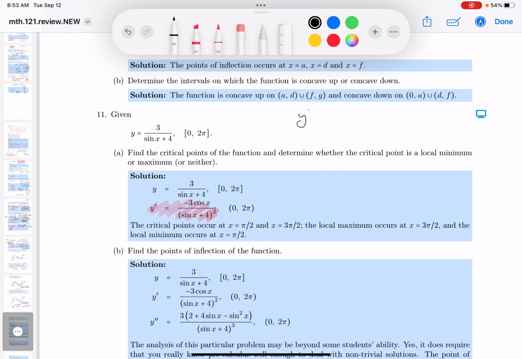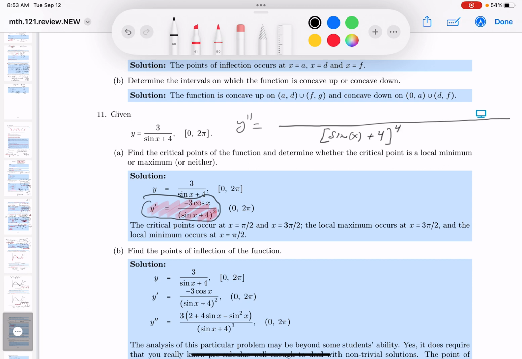So y double prime. I might need more room for this, so I'm going to back up. Y double prime. A long bar down, square the bottom. Again, we're taking this guy's derivative over there. That's going to be sine x plus 4. That thing is being squared.